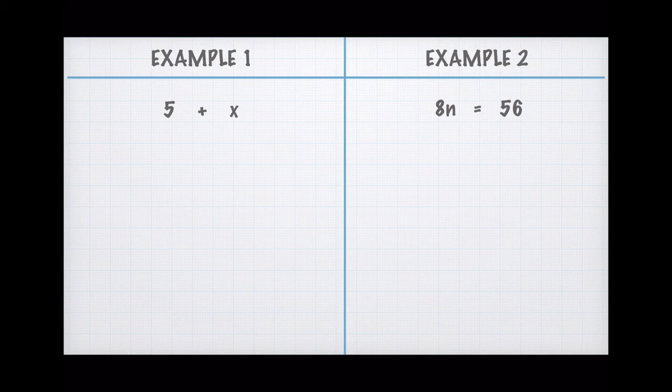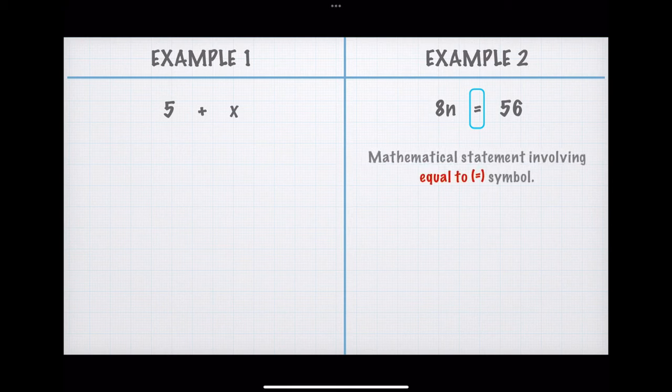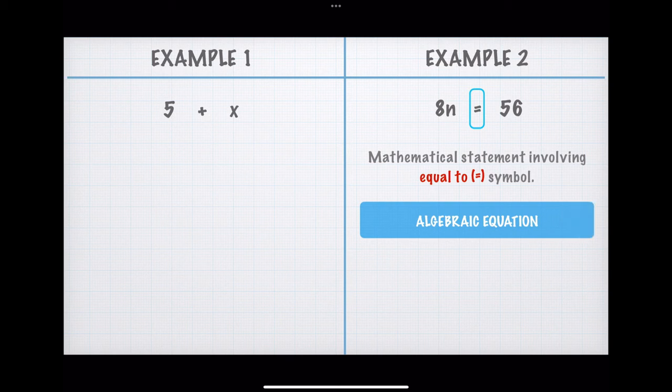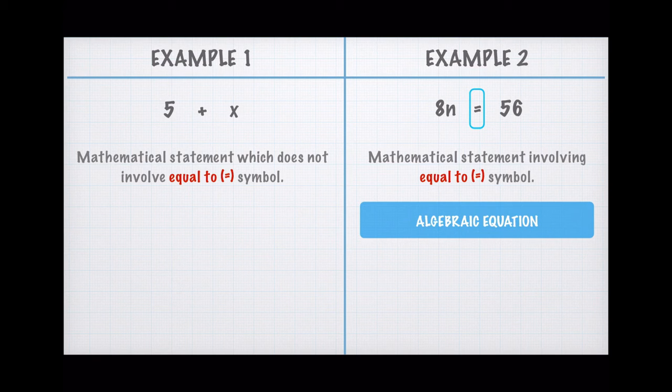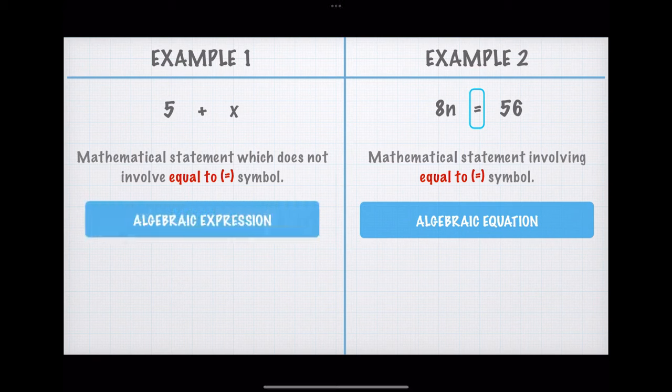Yes, the operations used in both the examples are definitely different. But we can also observe that an equal to symbol has been used only in the second example. Such a mathematical statement which involves an equal to sign is called as an algebraic equation. And a mathematical statement which does not involve an equal to symbol is just an algebraic expression.